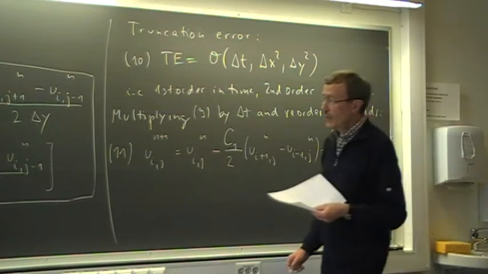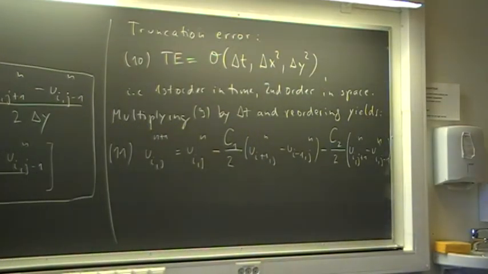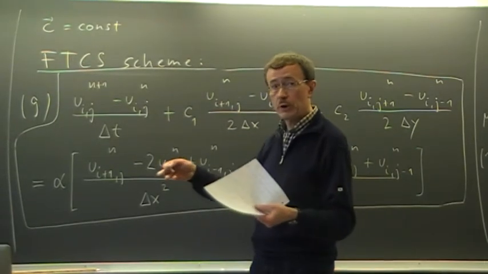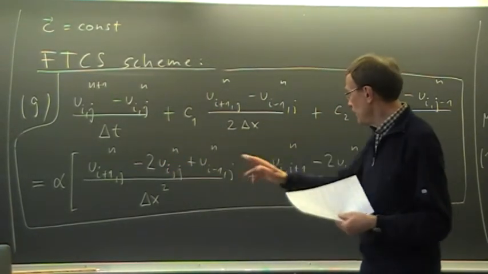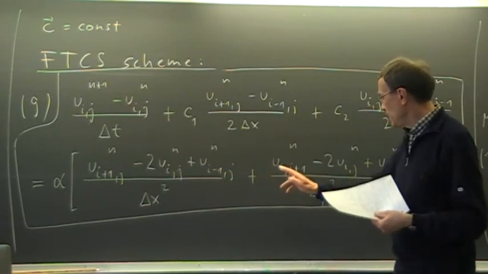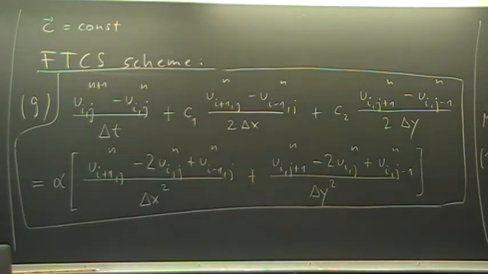And now, regarding the diffusion, when we multiply by delta t, we get alpha delta t divided by delta x squared, which we will denote as the von Neumann number in x direction, and alpha delta t divided by delta y squared, the von Neumann number in y direction.